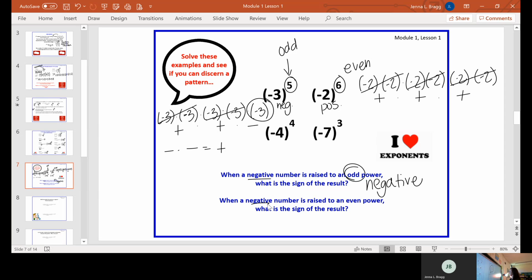But when that negative number is raised to an even power, the result is positive, because you've canceled out all your negative numbers. So -4 raised to the 4th power would give you a positive result. -7 raised to the 3rd power would give you a negative result. Negative because the exponent's odd, positive because the exponent is even.